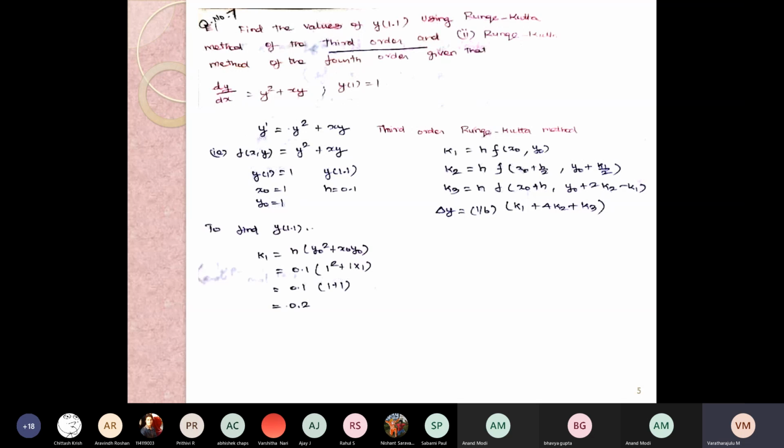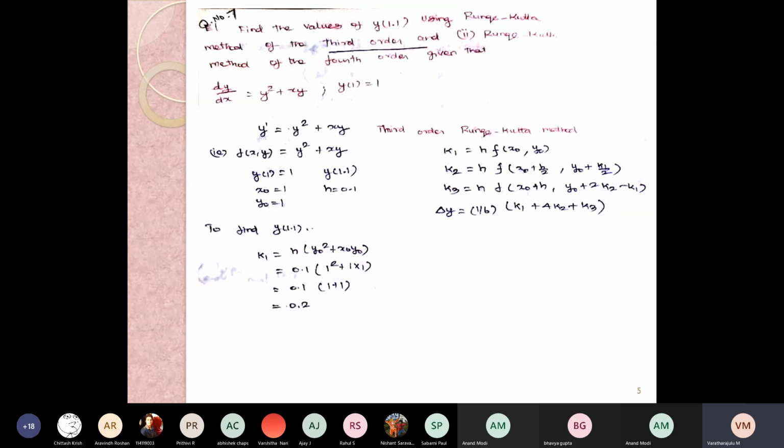We'll find K1. K1 is equal to h of f of x naught comma y naught. We apply the given function, y square plus xy, that is y naught square plus x naught y naught.